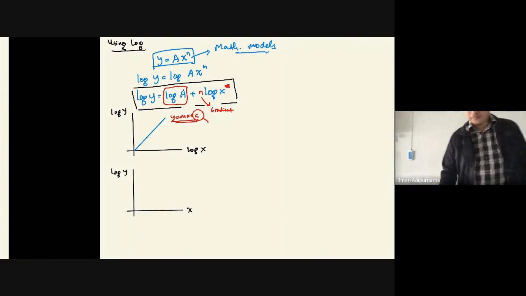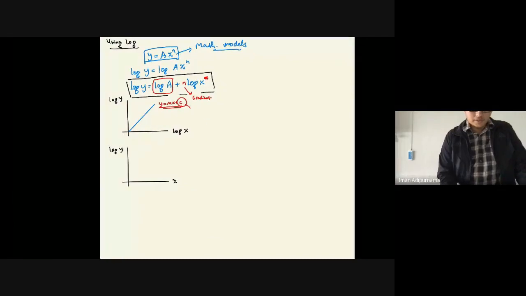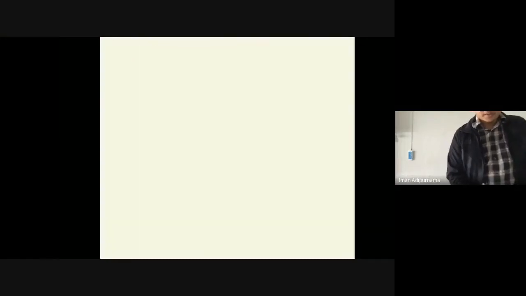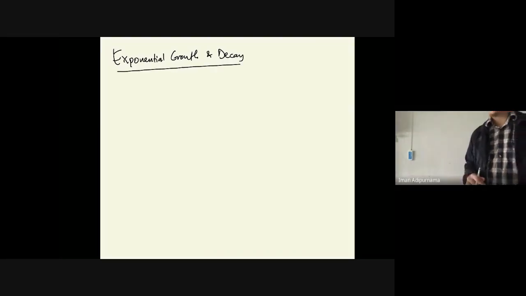What I want to bring here is exponential growth and decay. Let me write in the new slides. If you have exponential growth and decay, you can solve some problems using log.